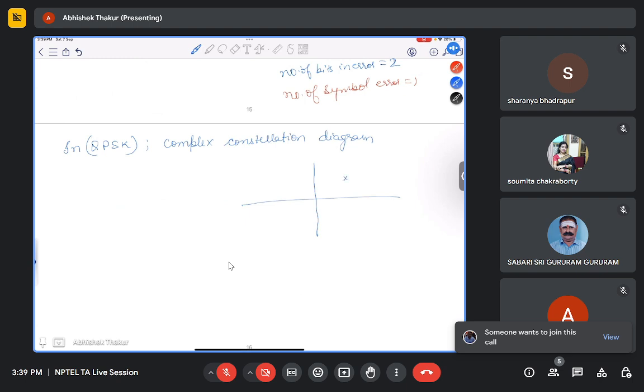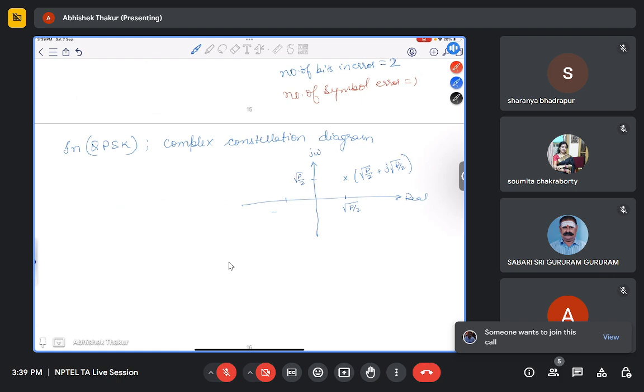So let's suppose this is symbol 1, that is square root of P. This is our imaginary axis and this is our real axis. So this point is square root of P by 2 and this is also square root of P by 2.